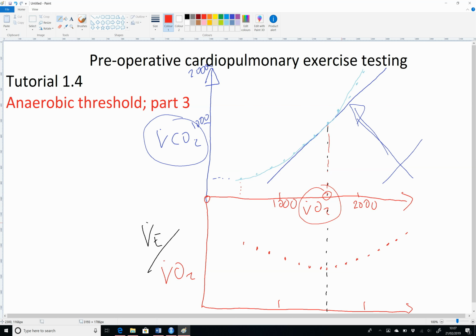And the second graph that you go to confirm your identification of the anaerobic threshold is this one here, that plots what are called ventilatory equivalents, in this case for oxygen, but you can also plot ventilatory equivalents for carbon dioxide. As the exercise progresses and becomes harder, the person initially breathes deeper, and the proportion of each breath that is dead space falls as you take in bigger and bigger breaths.